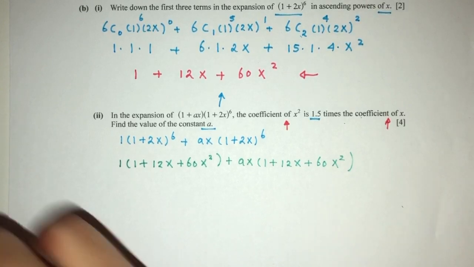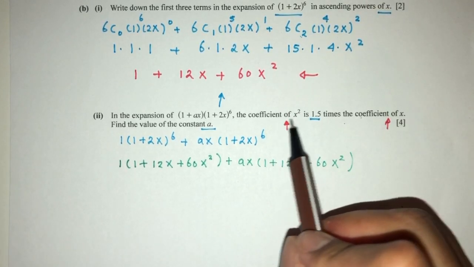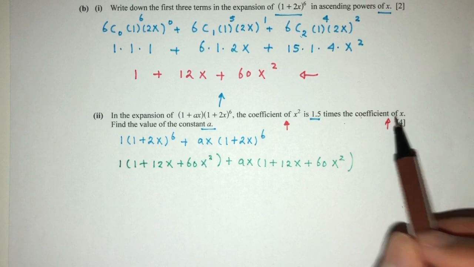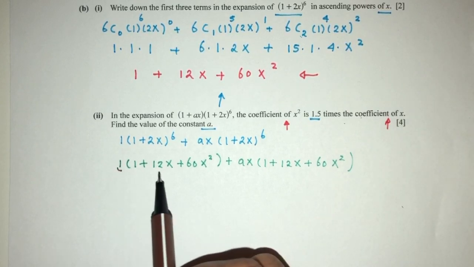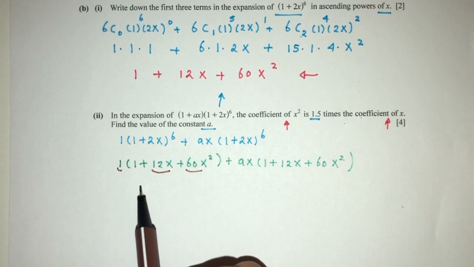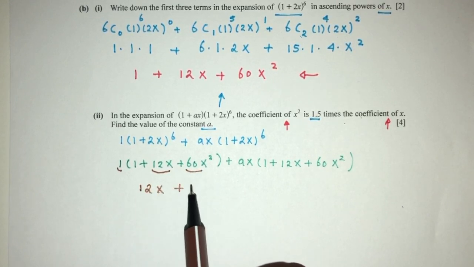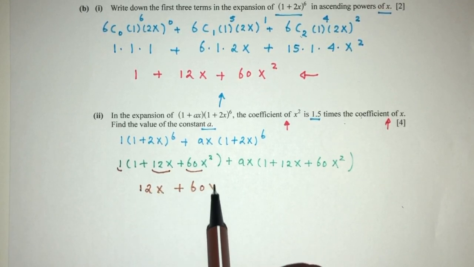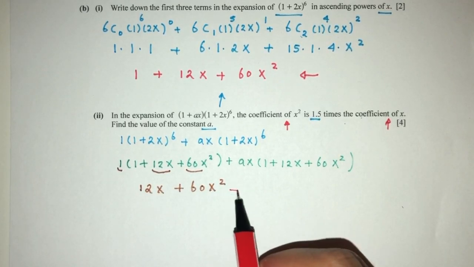We have to find the coefficient of x squared and the coefficient of x. So we need 1 times this and 1 times this, because this is x and x squared. You will have 12x plus 60x squared. And for this one, because here we have plus, we can put plus.